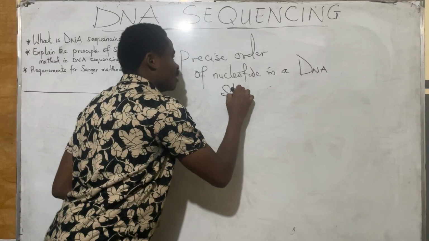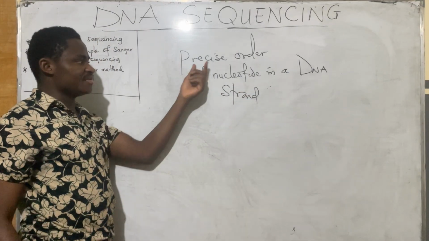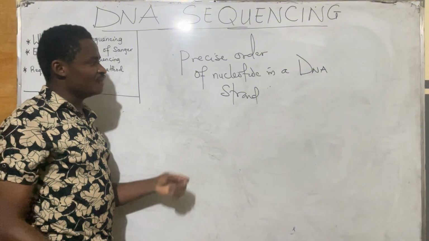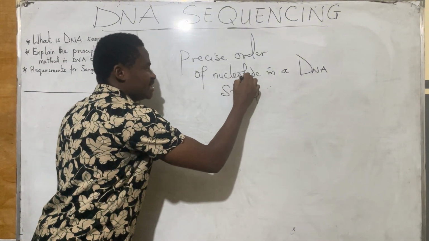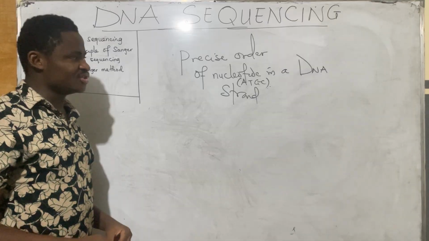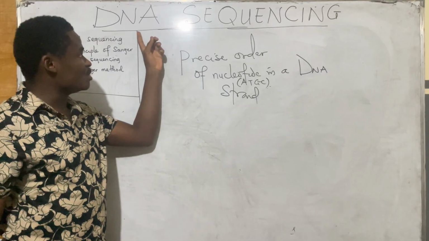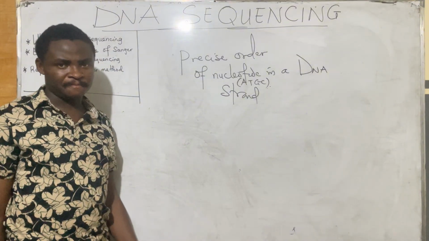Such is what we call DNA sequencing. What do we mean by nucleotide? ATGC. How do ATGC arrange themselves in a DNA strand? That is what we call DNA sequencing.